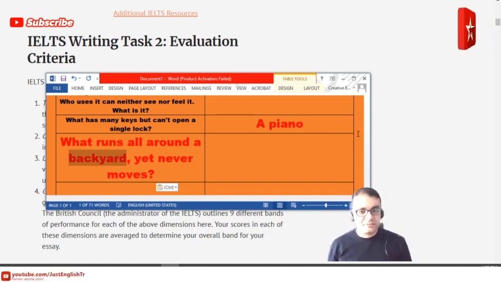But it runs everywhere, yet never moves. Now, if you get the idea here, what is that exactly? If you can answer such questions, IELTS writing technique is going to be so easy for you, because you understand the idea of what the question is talking about.